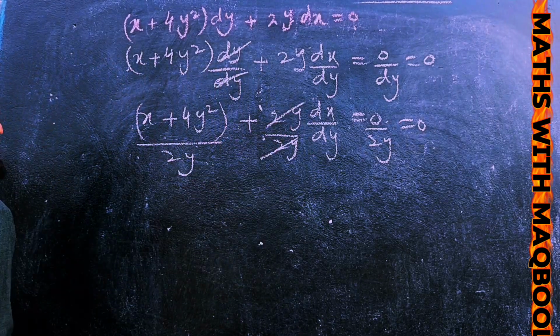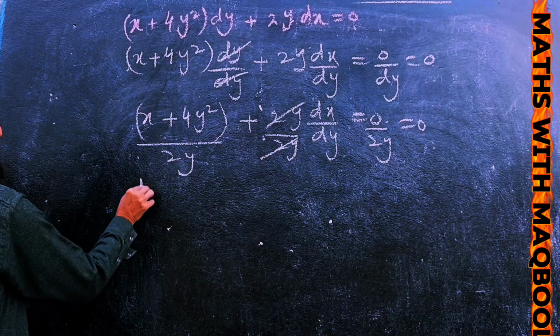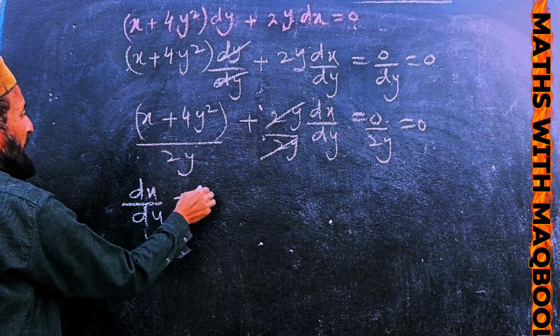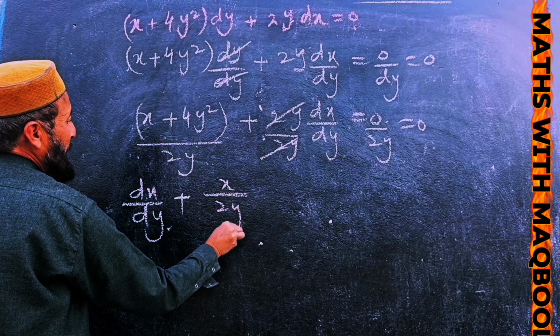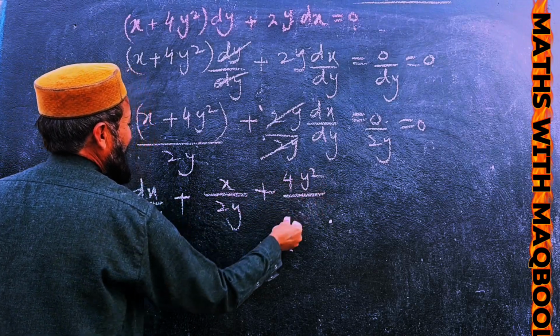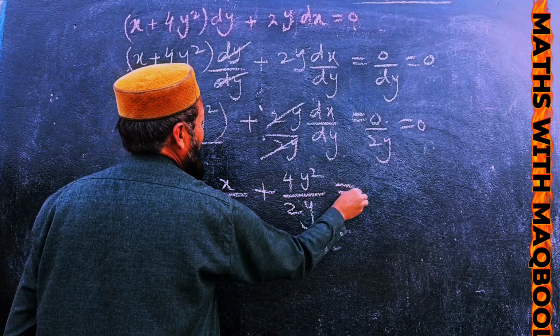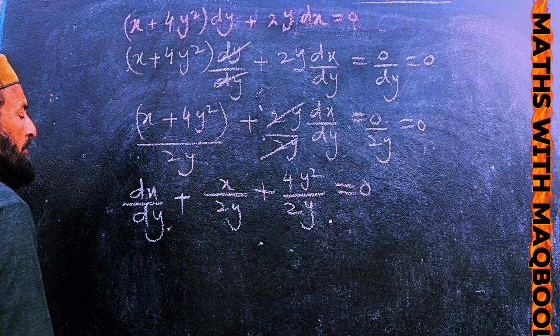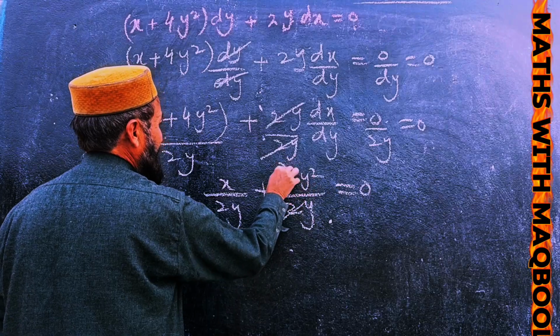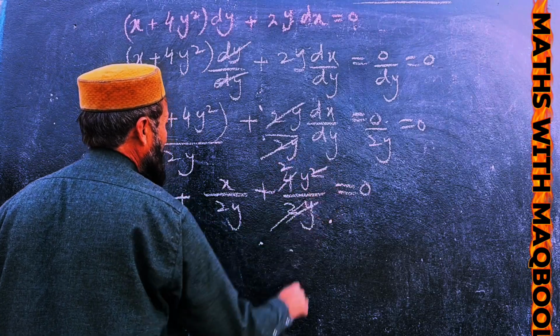Now we arrange this term, and here dx divided by dy plus this will be x divided by 2y, individually we divide, plus 4y square divided by 2y is equal to 0. Now this 2 and 2 cancel to each other, 2y is remaining.